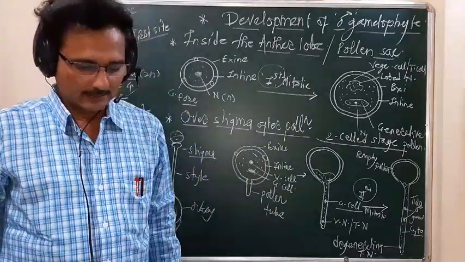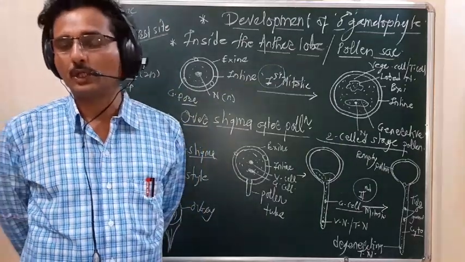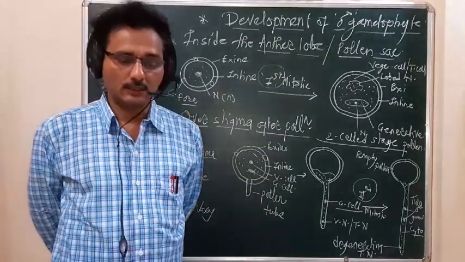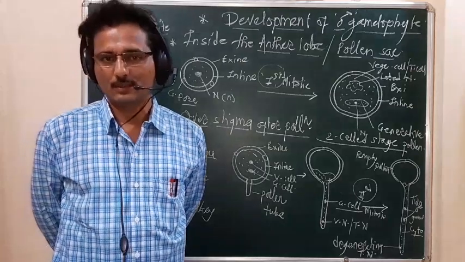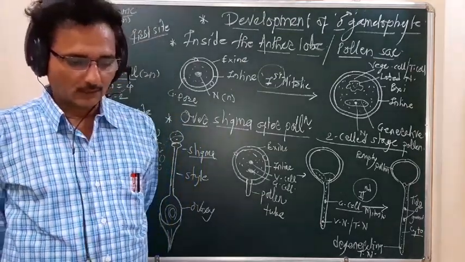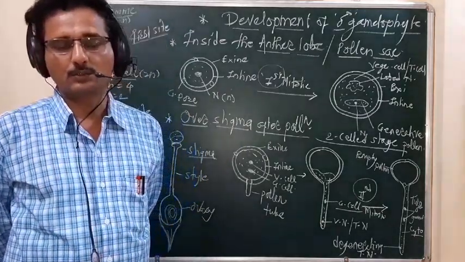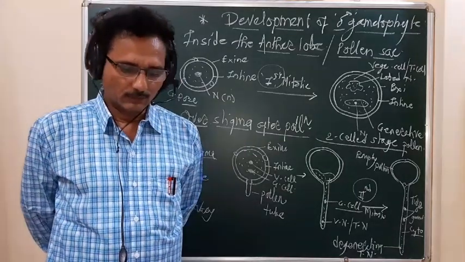So see this, and fourth option it is 1 mitotic and 2 meiotic division. So what is the answer? The answer is the third option, that is 1 meiotic and 2 mitotic divisions. Okay, student. So this is the answer of the question number 45. What is the answer? Option third, means C option. Okay. Then question number 46.